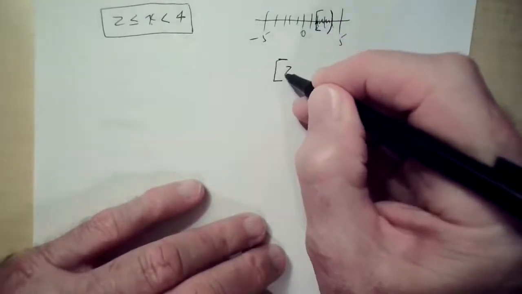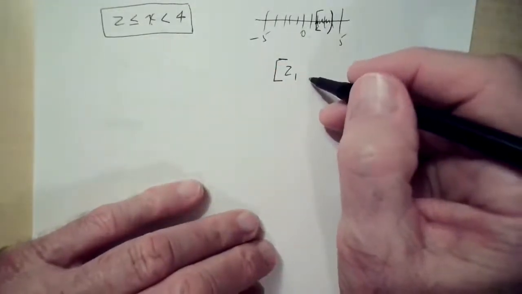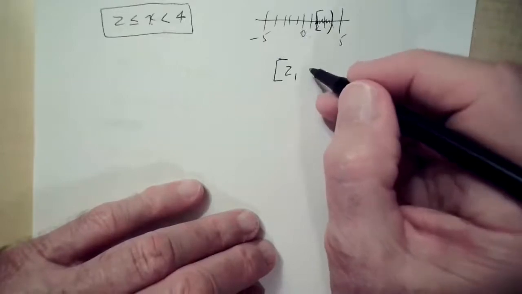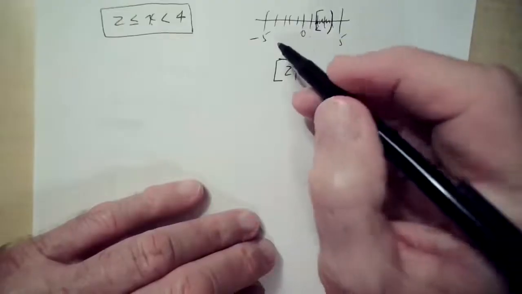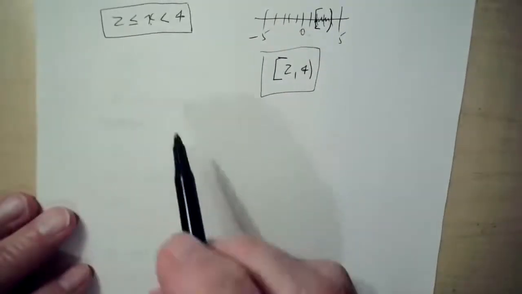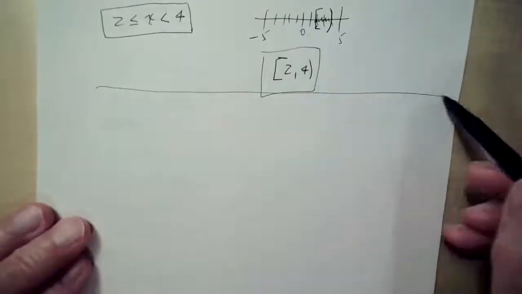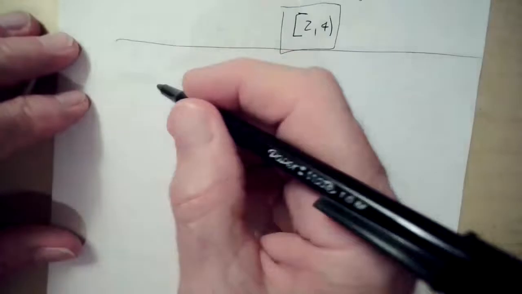So what's on the low side? What's the least this number can be? 2 with a bracket because it includes the number 2. And what's on the high side? What's the most it can be? 4 with a parenthesis. And this is about as difficult as they get.